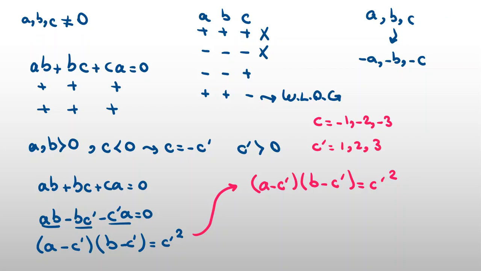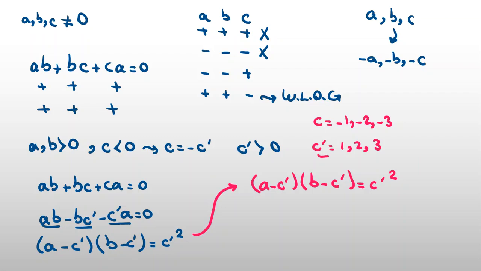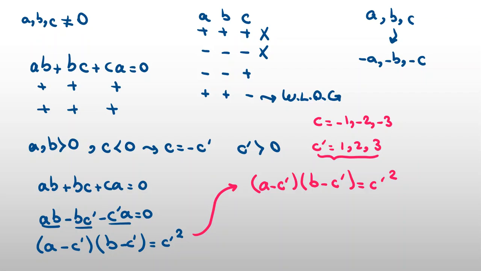So I should only check these three cases: C prime equals 1, C prime equals 2, C prime equals 3. So in case 1, C prime equals 1, I write A minus 1 times B minus 1 equal to C prime squared, which is 1.